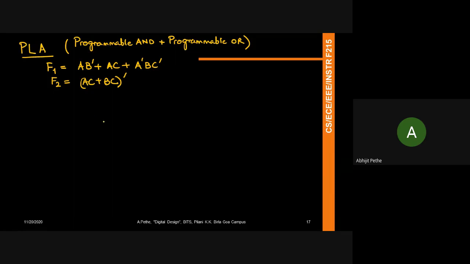Let's first look at the AND array. Let's consider a specific PLA which has four ANDs and two ORs. So in this case, I have the flexibility of creating four AND products or four AND terms, and I have an option of creating two OR terms, two OR gates.